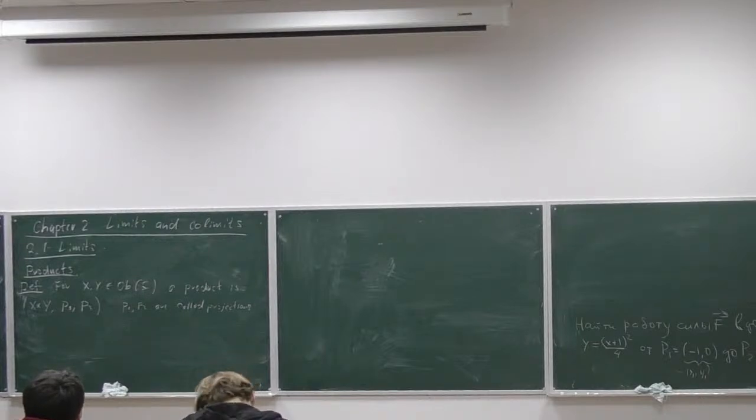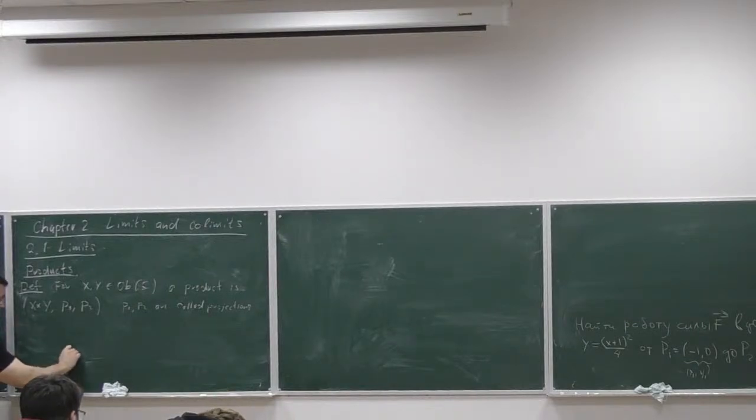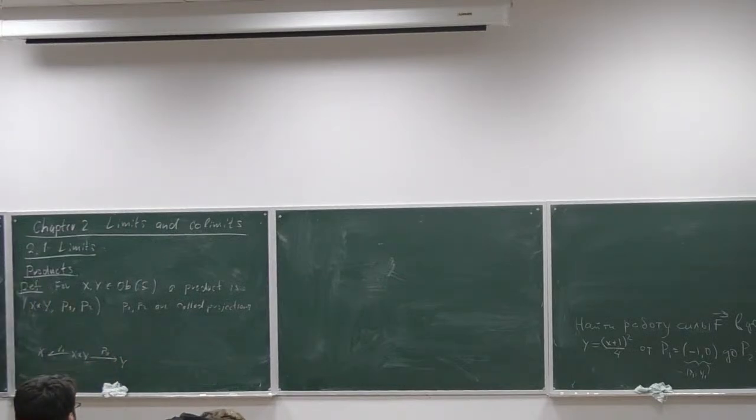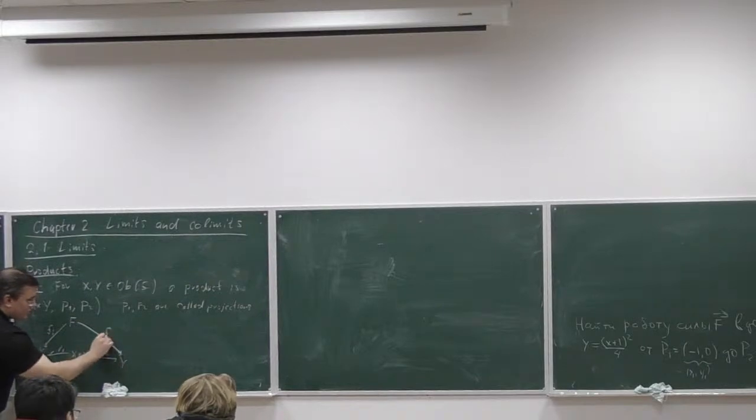Well, then we need to formulate the so-called condition that makes this object universal. It says the following: if you have this product with two projections, P1 to x and P2 to y, and now suppose you have any other object, say f, and maps f1 to x and f2 to y.